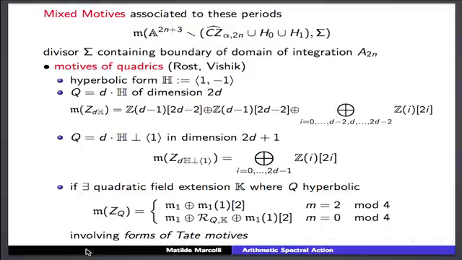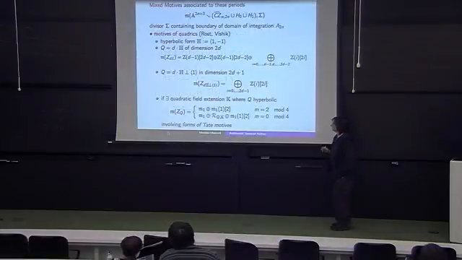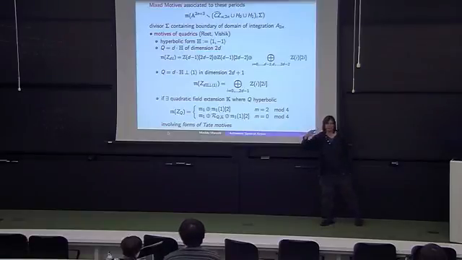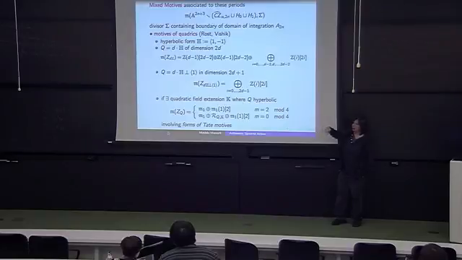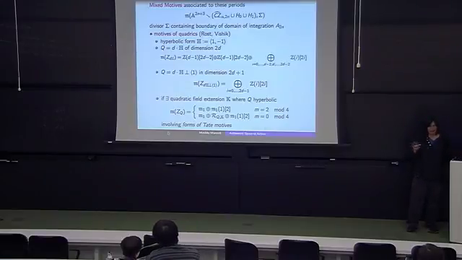And so the motives of quadrics are well understood. And there are some interesting things there. There are some torsion phenomena that occur, but that disappear after you pass to a field extension. So there's a little bit of technicality about the motives of quadrics, but it's nothing really complicated. It's something that can be understood pretty well.